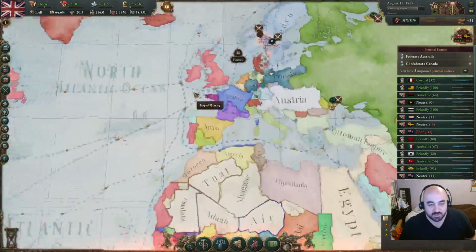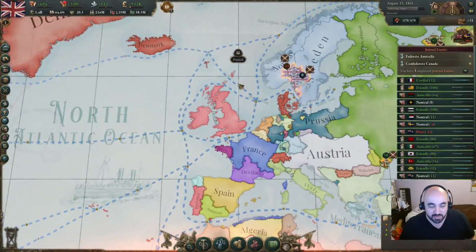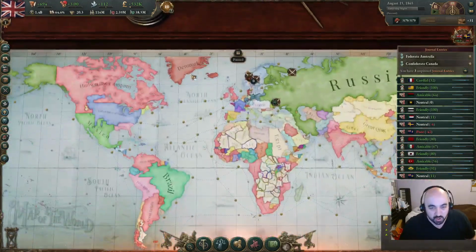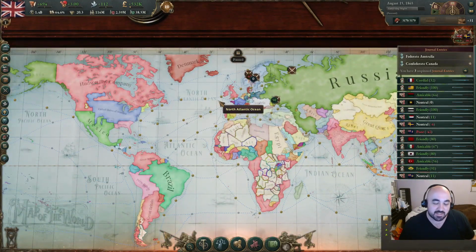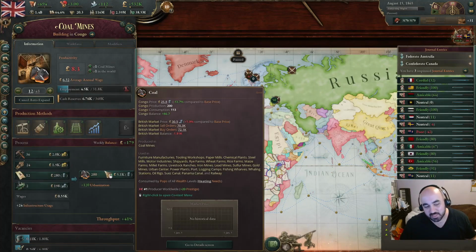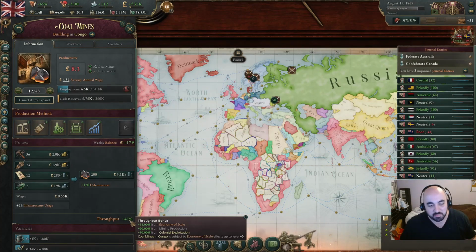But yeah, the general strategy: put all your manufacturing in incorporated states. This will pull your pops to the incorporated states as the standard of living rises, because these are generally more efficient, and it leaves you more natural resources to exploit as the game gets into the late game, because you get the throughput bonus on colonial exploitation.